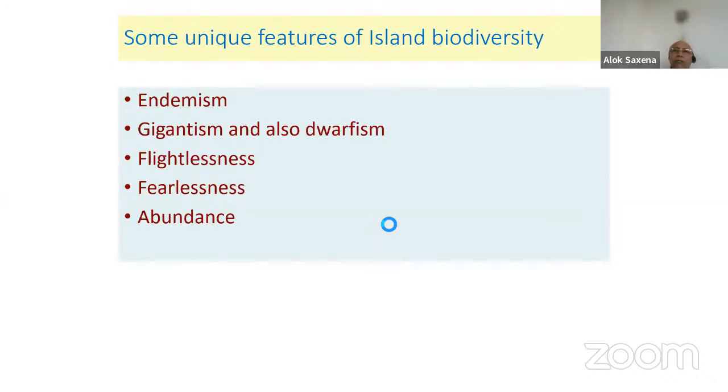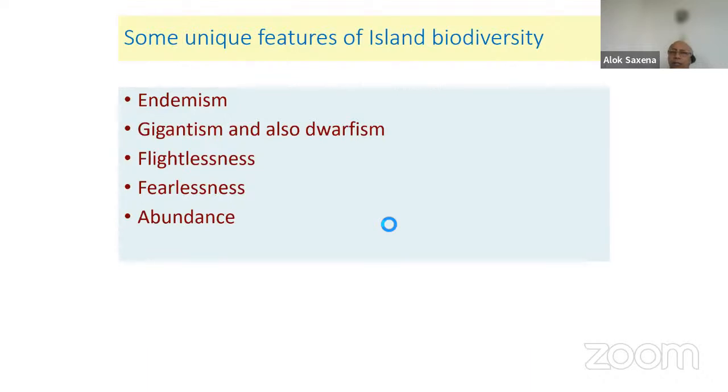So this fearlessness also led to their extinction. You might have heard about the case of the dodo. The dodo was a comparatively bulky bird, which was not only flightless but also quite curious. So whenever sailors reached the island, it used to come out of curiosity, and it became an easy prey to those sailors as a food item.